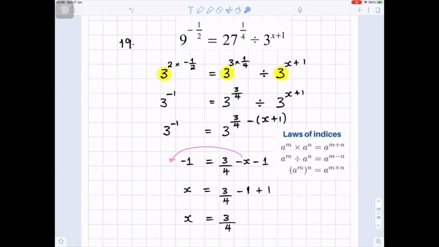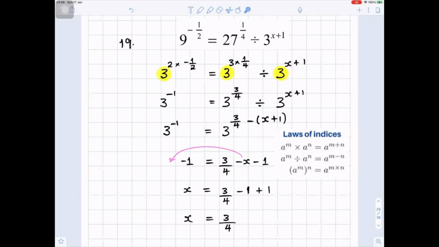Now, on the left side is 3 to the minus 1. On the right side is 3 to the 3 over 4 minus x minus 1. Since the base is the same, that means their powers have to be the same. So that means the minus 1 has to be equal to the power on the right hand side. So we want to solve this equation now.